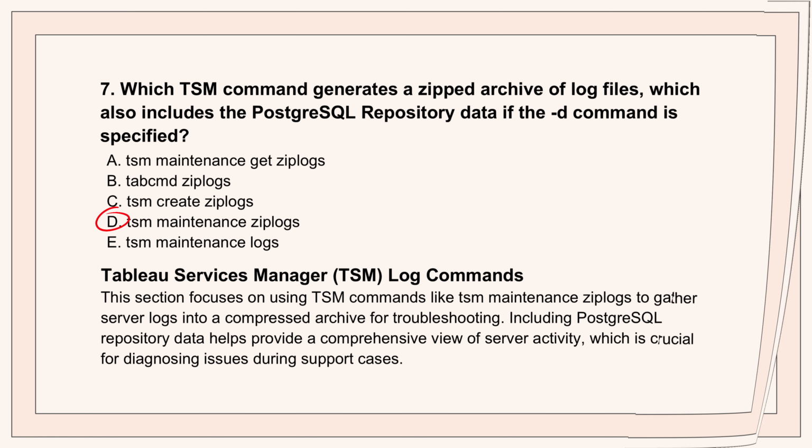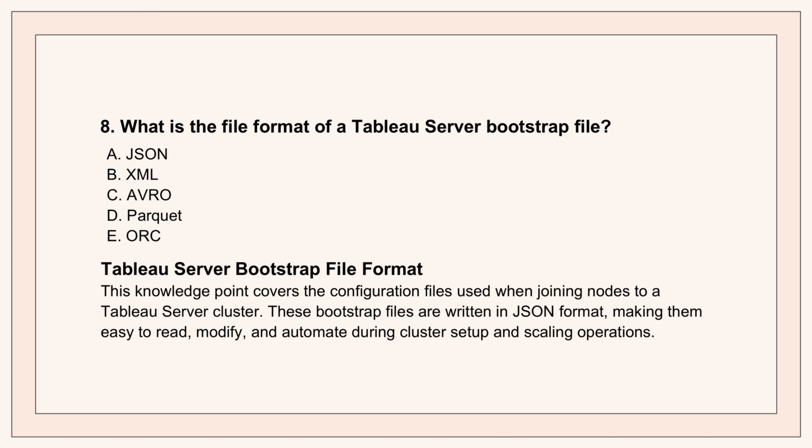Definitely sounds like it. Okay, let's cover one more foundational technical detail about server configuration. What's the file format used for a Tableau Server bootstrap file? That bootstrap file is in JSON format. JSON. Okay. Why is that important to know? Well, it might seem like a small detail, but that JSON file is critical when you're doing things like adding a new node to your Tableau Server cluster. Right, for multi-node setups.